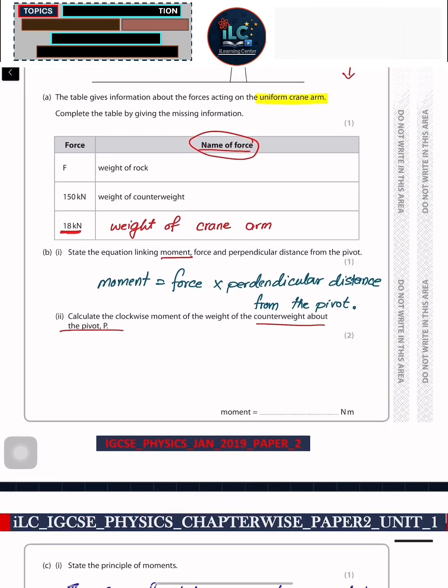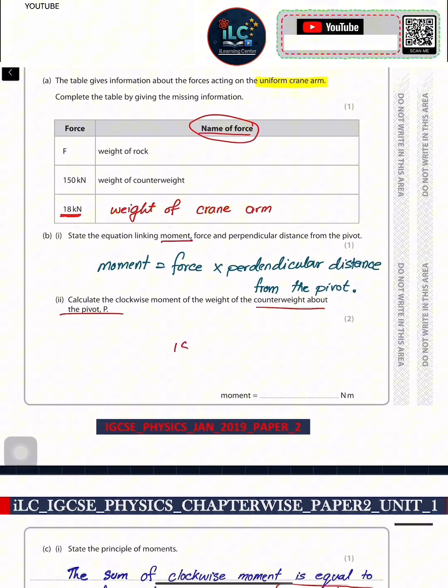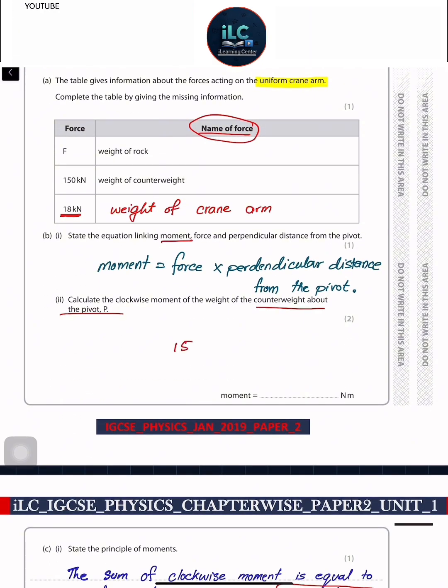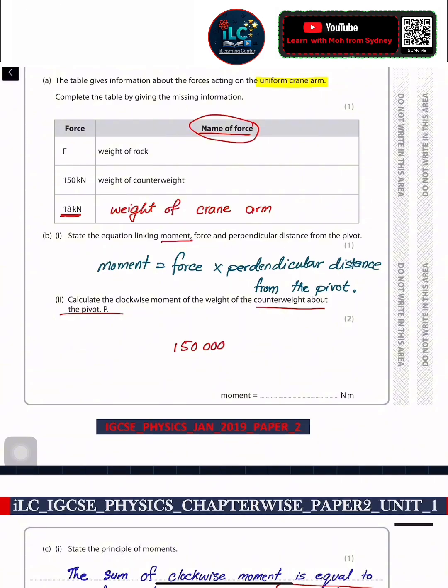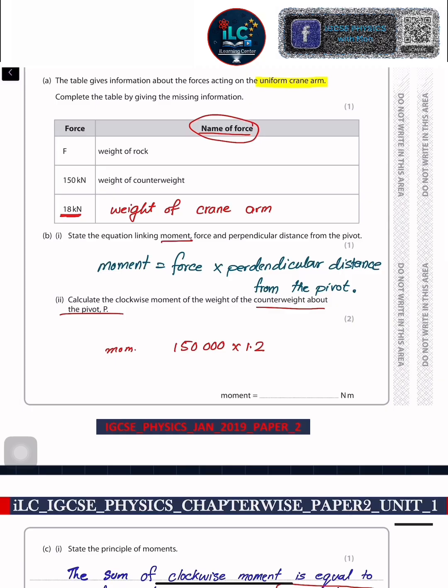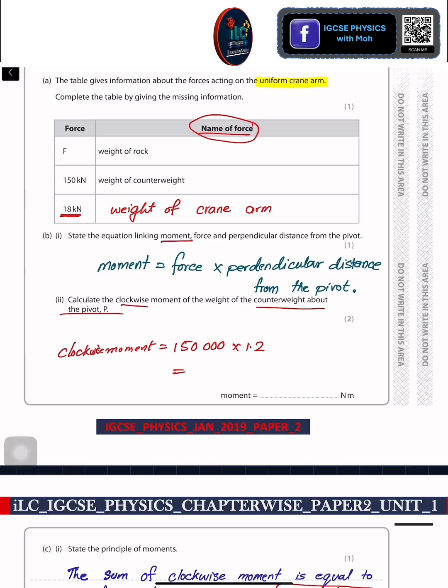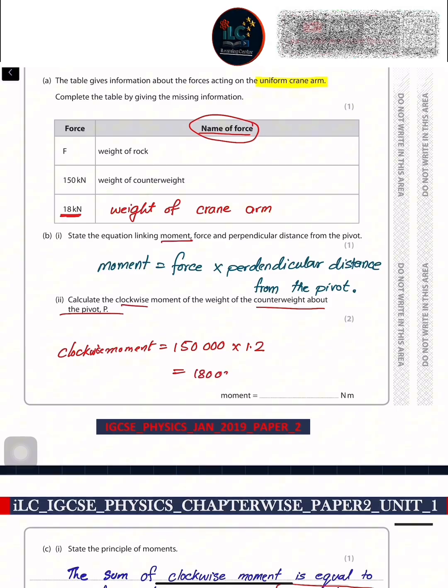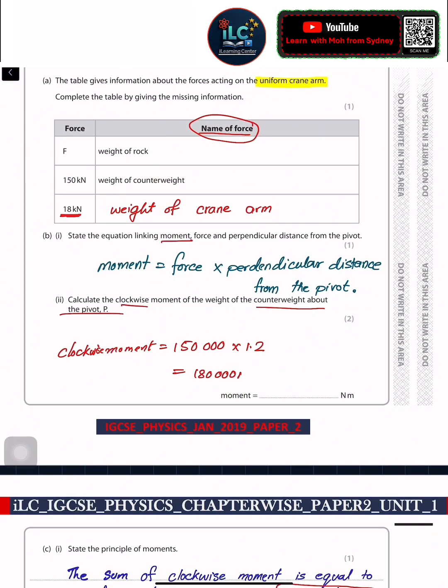So you can say straightforwardly it's 150,000 times 1.2. This is the moment. Just to give more information, write clockwise moment. You know that this is a clockwise moment, and it is equal to 180,000 Newton meter.